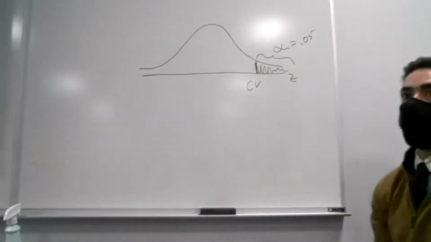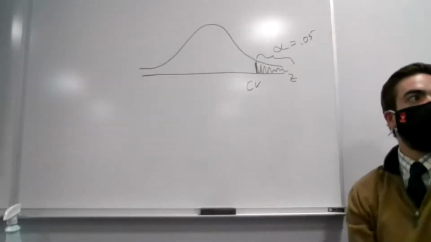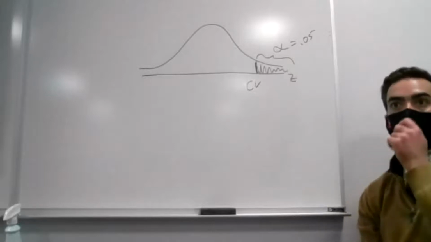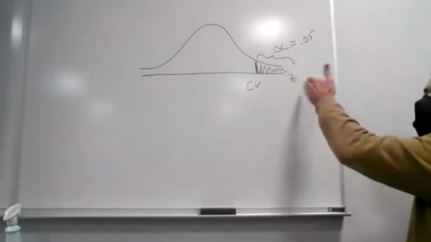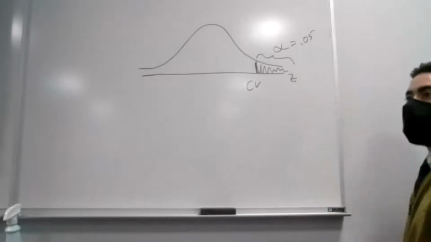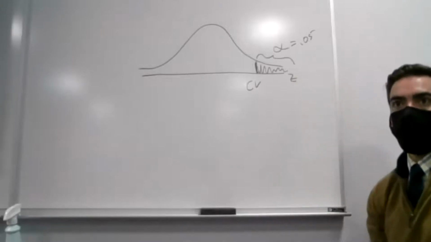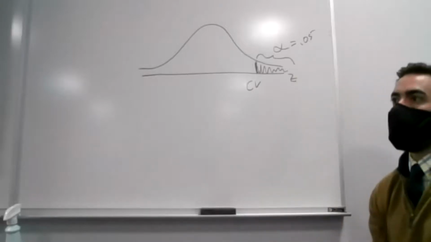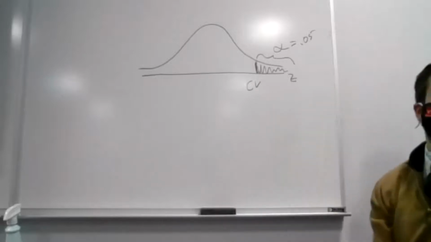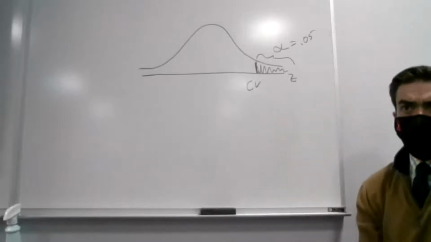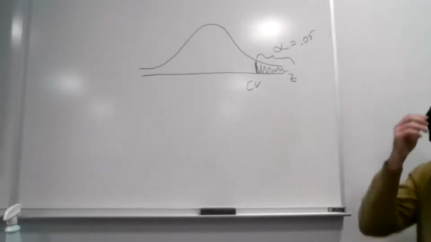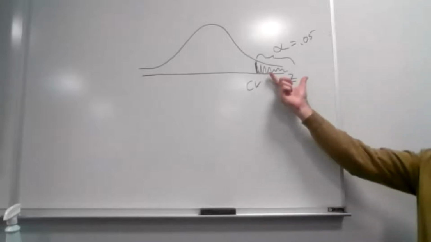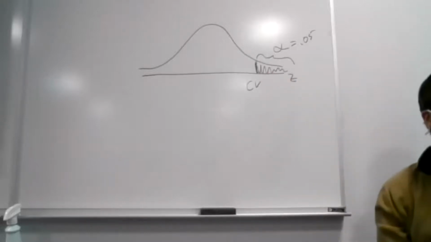The critical value is a Z value that essentially represents a cutoff: if I see any test statistic above that critical value, I can reject. If I see anything below it, I fail to reject. How could I find that value? If it's coming from the standard normal distribution, and I know the area I want in the right tail is 0.05, how could I use the table to find that?